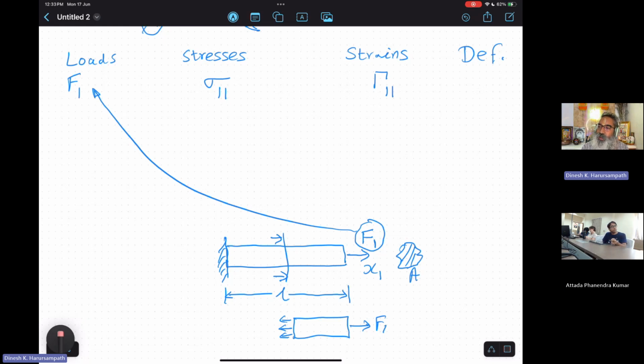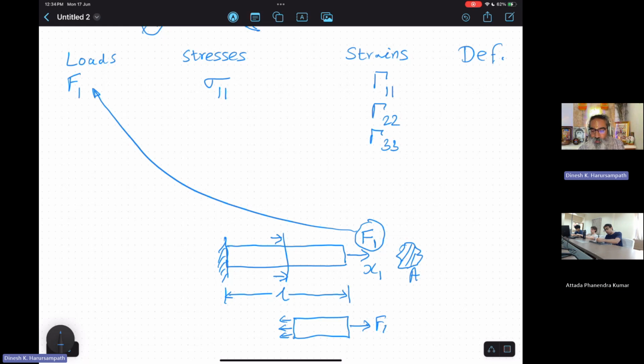But if you're looking at the specially orthotropic directions, that is the principal material directions parallel to the fiber and perpendicular to it, or even for that matter metals, you would not have gamma 2,1. But as Nafis pointed out, you would have gamma 2,2. And for the same reason, you would have a gamma 3,3, which are all Poisson's effects.